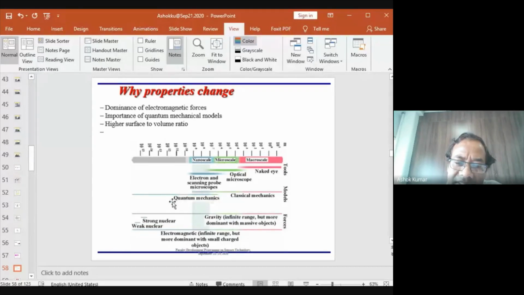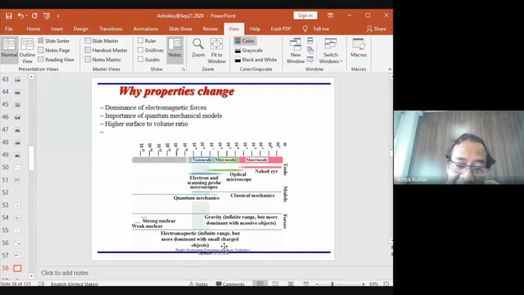So the Schrodinger equation is sometimes called Newton's laws for quantum physics. It has that much importance. Then there are further changes: for large particles we have gravity forces, and when we go to smaller or still further smaller than the nanoscale, we have the strong nuclear and weak nuclear forces.